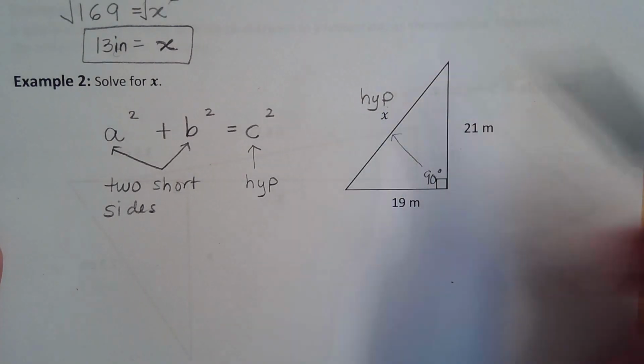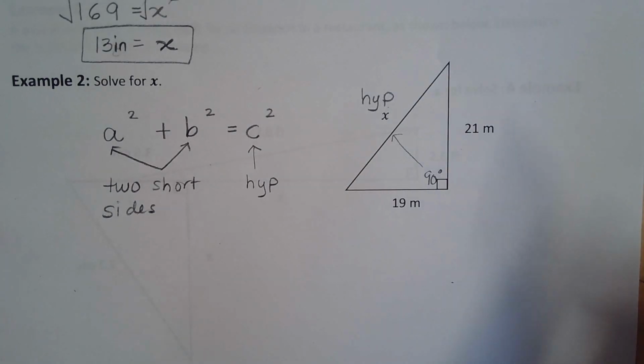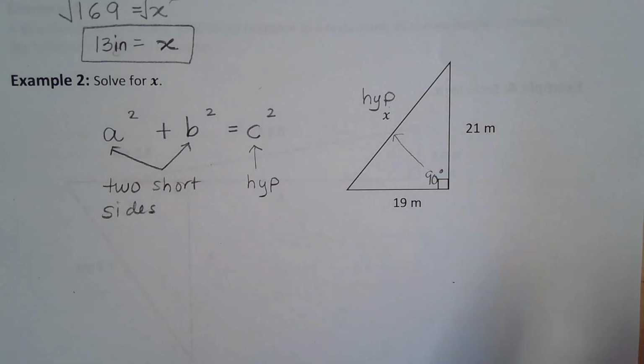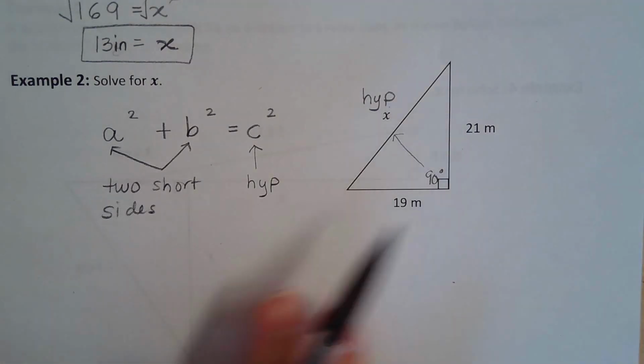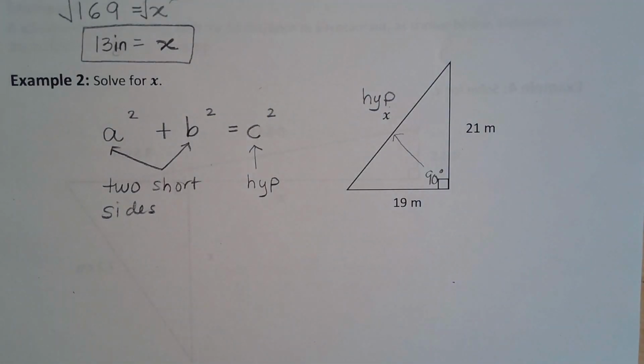That's why it's important to identify the hypotenuse, right? Because if we can't identify the hypotenuse, then we might be plugging in the wrong information in the wrong place.